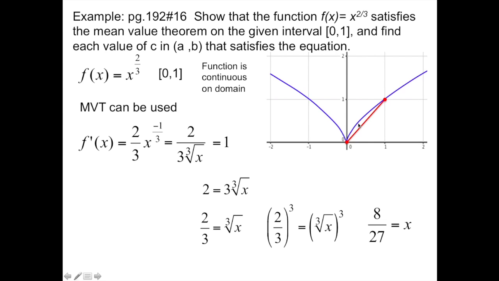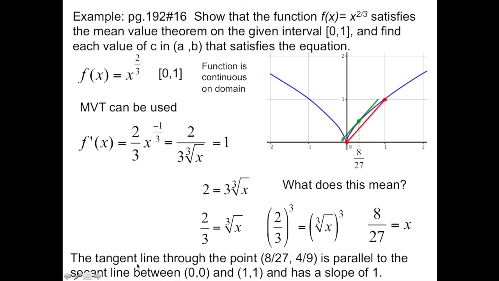So at 8/27ths, I should be able to graph a point and draw a tangent line with a slope of 1. So there's that tangent line, and notice that tangent line is parallel to the algebra slope, or the slope of this secant line touching the curve in 2 points. So we've got our derivative equal to our algebra slope, and that occurs at this location.